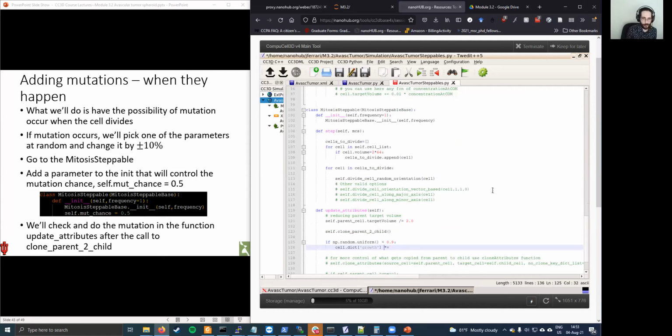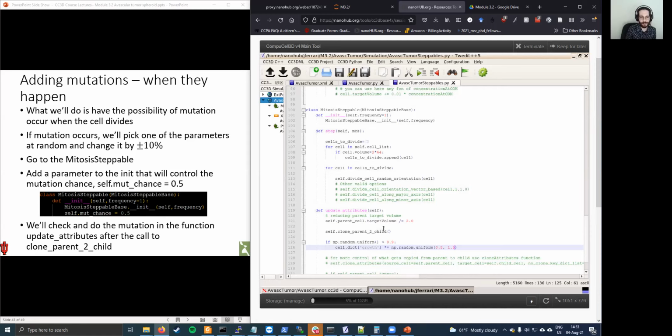So cell growth is going to equal itself multiplied by numpy.random.uniform again. But in this case, inside of uniform, I'm going to change stuff by plus or minus 50%. So uniform from 0.5 to 1.5.